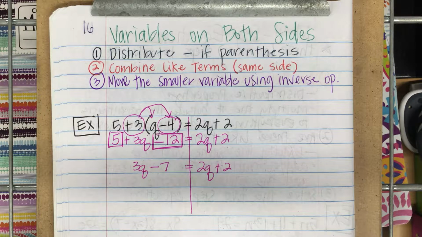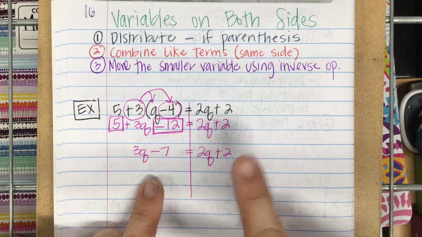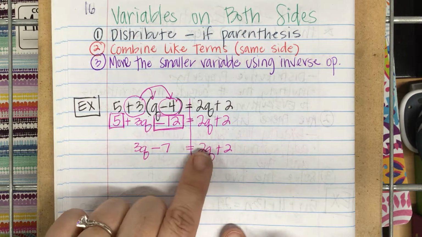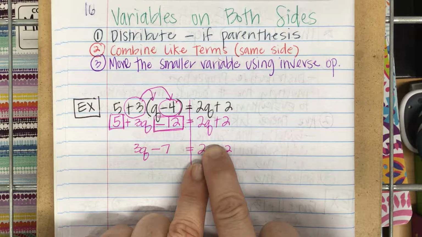If you move the smaller variable using inverse operations. So if I look, variable on the left is 3q, variable on the right is 2q. Which one's smaller? 2q. Pretend that just said 2. How would I move the 2?